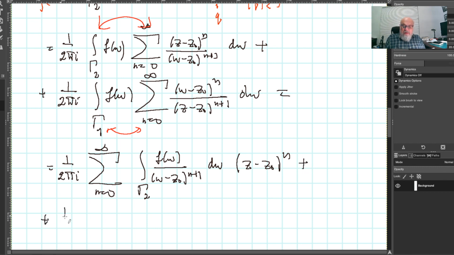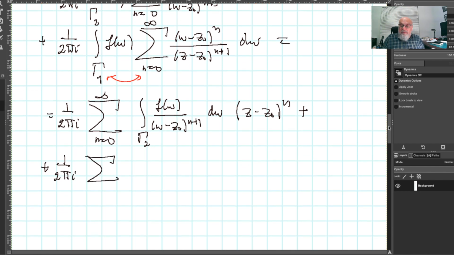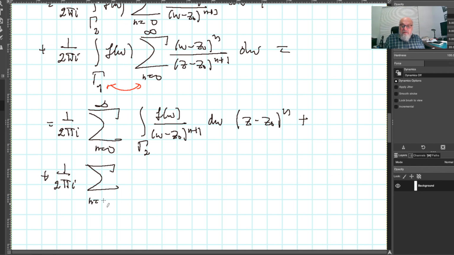And the second one is again the same, 2 pi i. And now that one, let's arrange it. This is n equal again 0 to infinity.